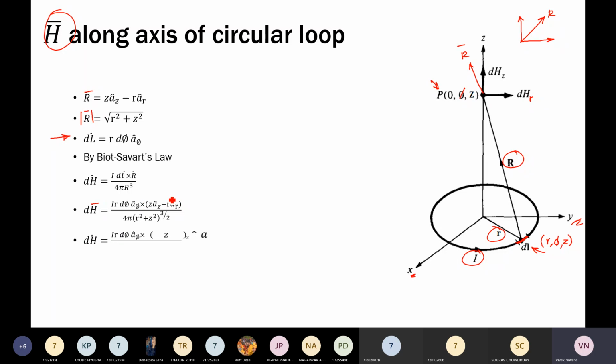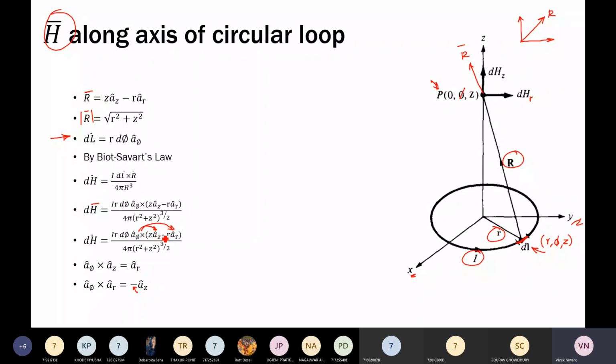So a phi cross a z cap will give us a r cap, whereas a phi cross a r cap will give us minus a z cap.